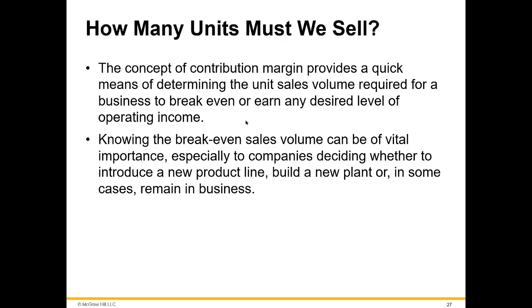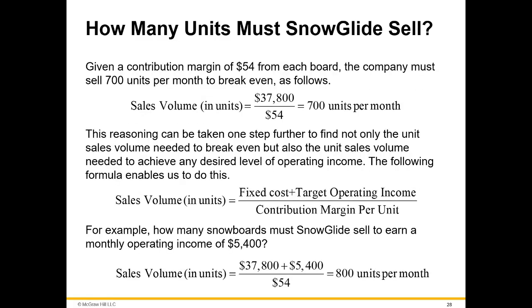Okay. So the concept of contribution margin helps us determine our unit sales volume required for a business to break even. And there's some ratios, some formulas we can use to determine the break-even sales volume. So let's do that here for Snow Globe.